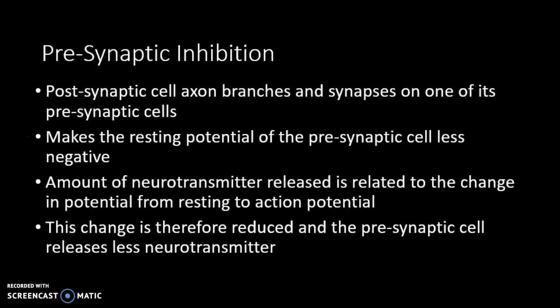The postsynaptic cell axon branches and synapses on one of its presynaptic cells, making the resting potential of the presynaptic cell less negative. The amount of neurotransmitter released is related to the change in potential from resting to action potential, and this change is therefore reduced, so the presynaptic cell releases less neurotransmitter.